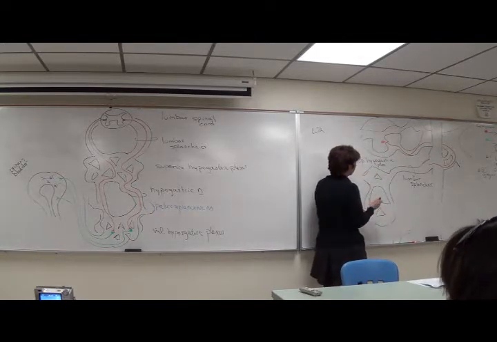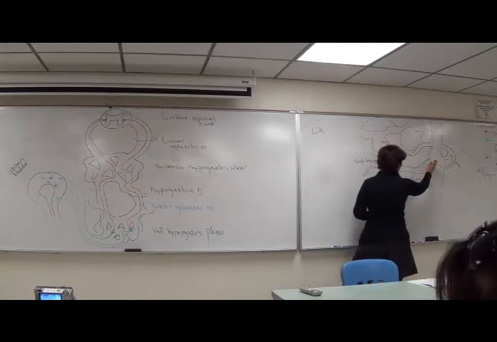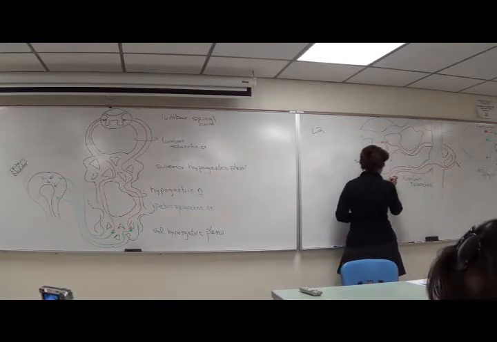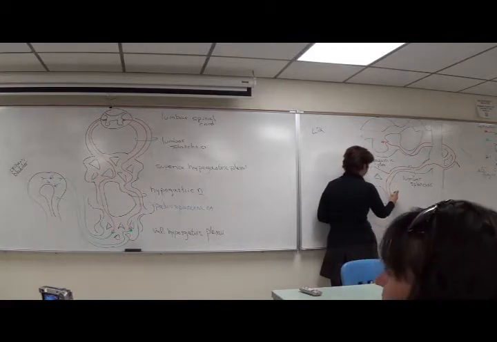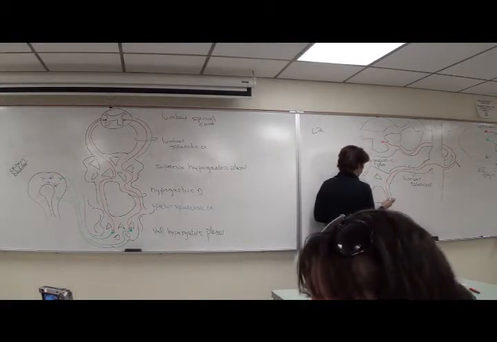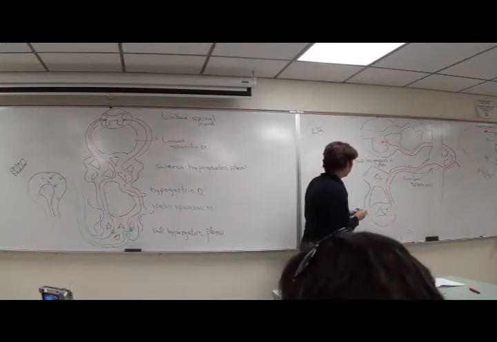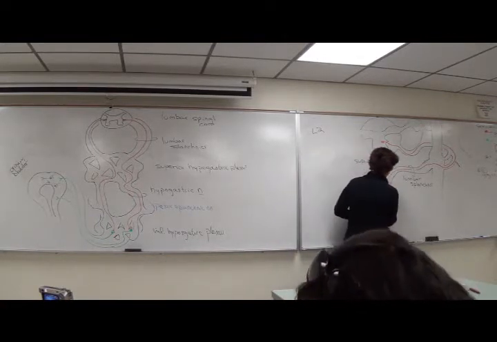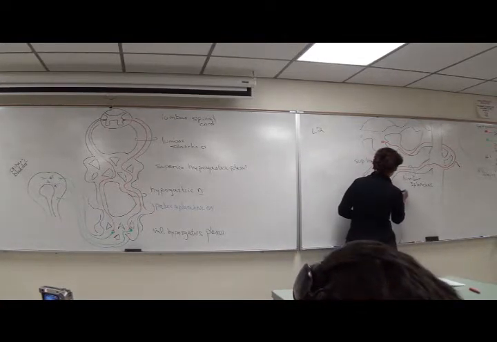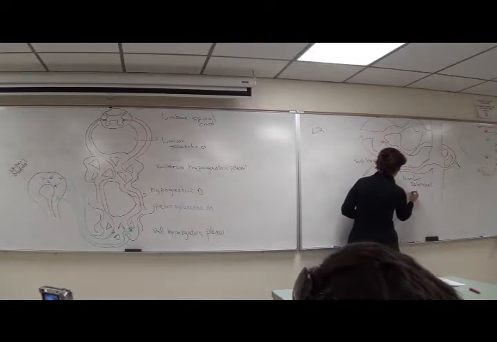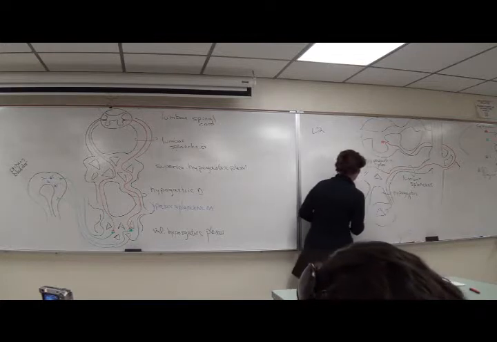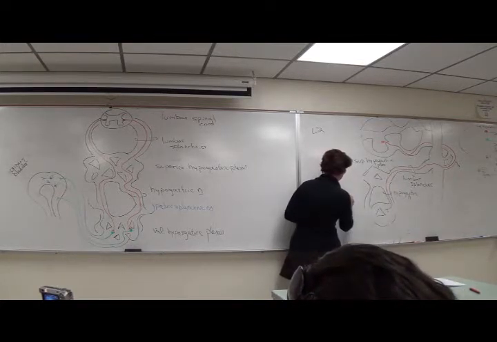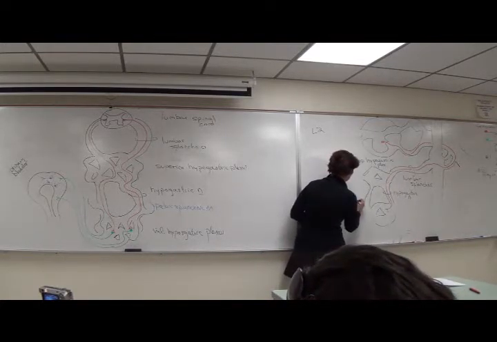So our preganglionic sympathetic neuron passes through the lumbar splanchnic into the superior hypogastric plexus, does not synapse, continues into my inferior hypogastric plexus via the hypogastric nerve, and enters the inferior hypogastric plexus within the pelvis itself.